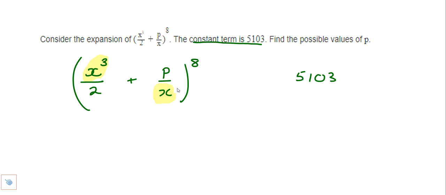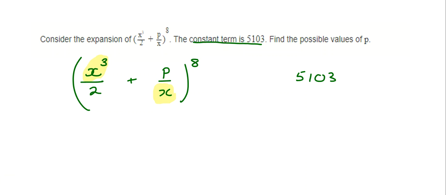So when you multiply the powers for this one, it has to equal, like you said, the power of this one. But it's not going to be 4 and 4 in this case. If there was no power of 3, it would be 4 and 4. But because there is a power of 3, you've got to think about it.